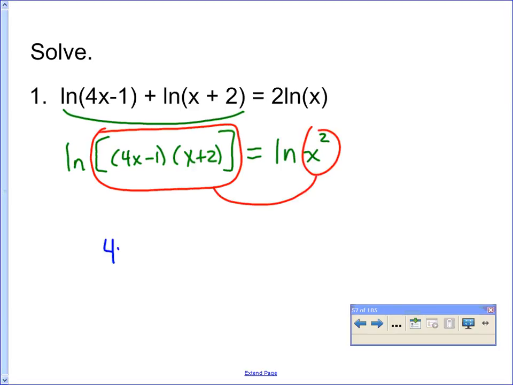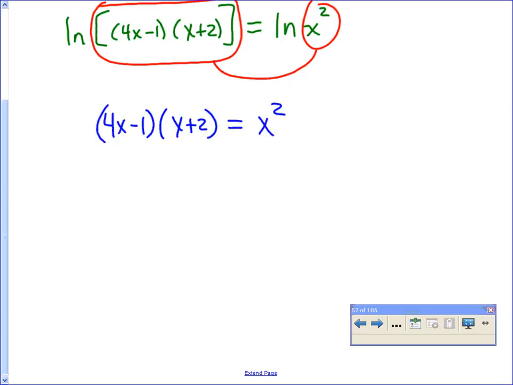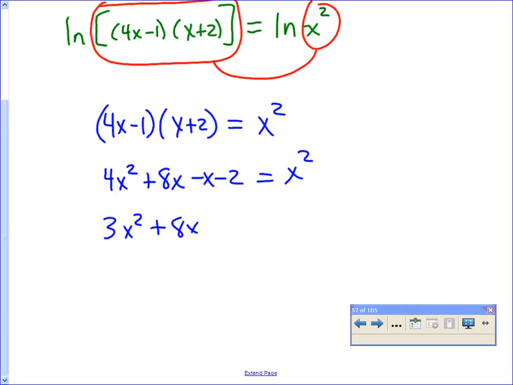So 4x minus 1 times x plus 2 is equal to x squared. And I'm just solving this. So I need to multiply this: 4x squared plus 8x minus x minus 2 is equal to x squared. And let's move the x squared over and end up with 3x squared. And we're going to either factor to solve or use the quadratic formula.